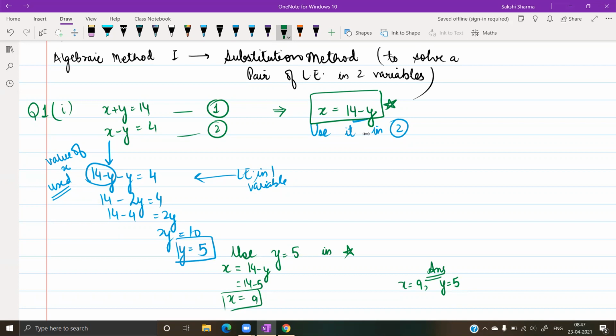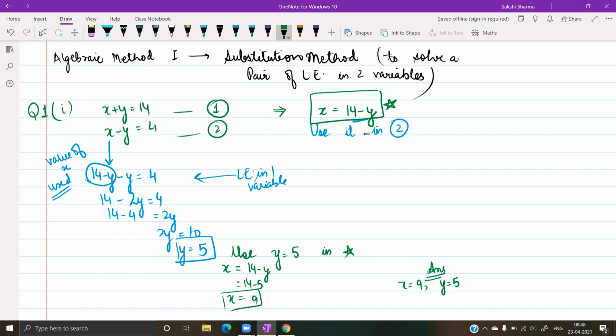आपने जो भी answer find out किया है, उसको आप substitute करके check कर सकते हो in the working column. Your answer, the values of x and y, should satisfy both given equations. And again, it's not necessary कि आपको first में से x की value निकालनी है और second में use करनी है. आप mix up भी कर सकते हो. आप first में से y की value निकाल लो, उसको second में use कर लो, or you could start with the second equation.